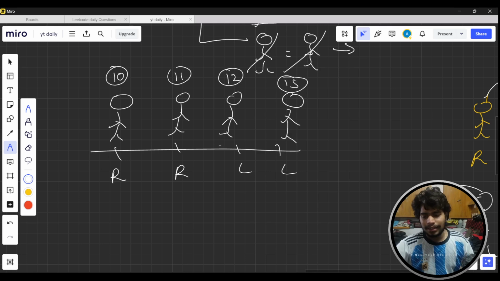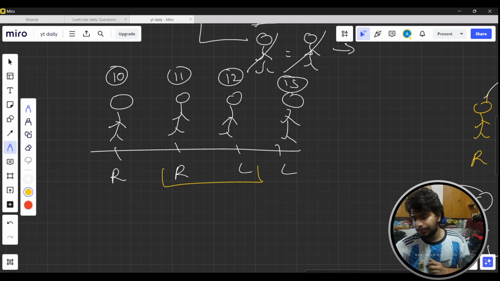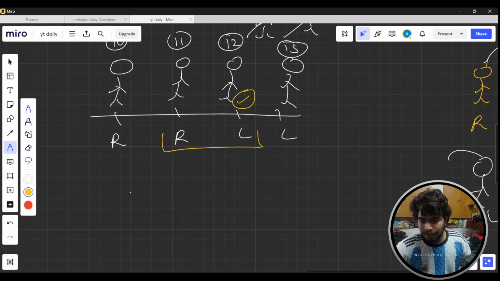Taking this in an example, for sure I know first they both will collide. So who will win? This robot will win. So I can say at t equals 1, this robot will move in this direction, this will move in this direction, this will move in this direction, this will move in this direction.